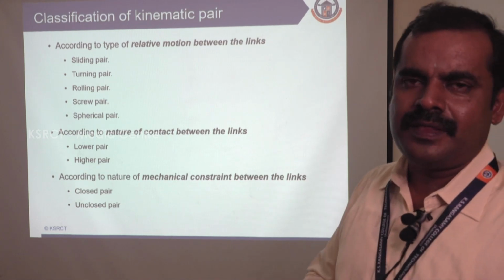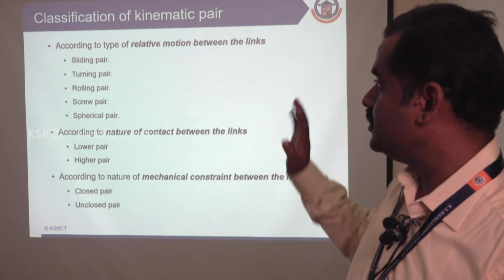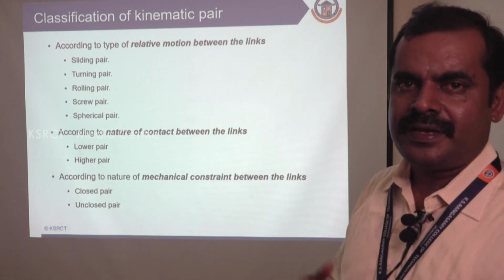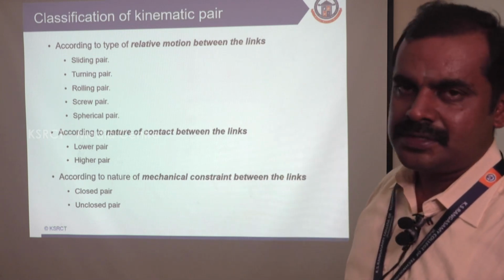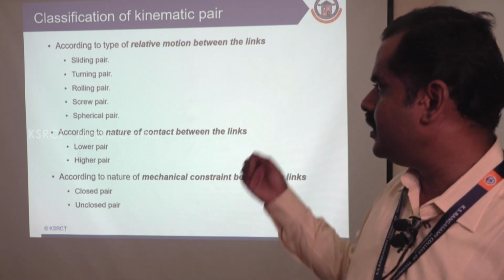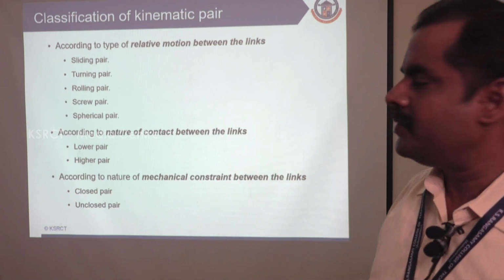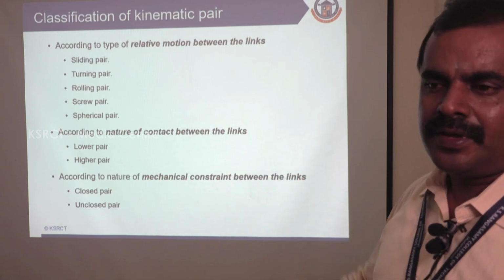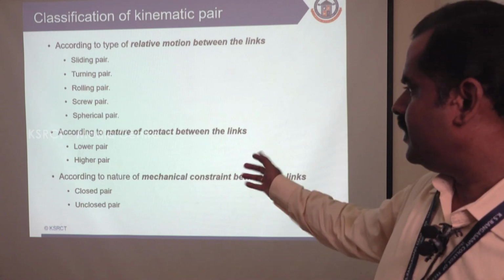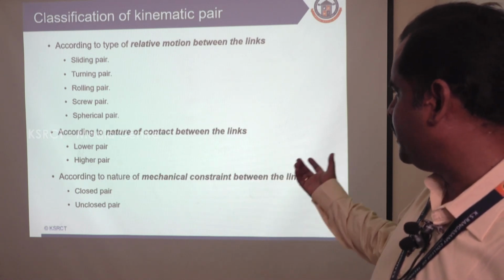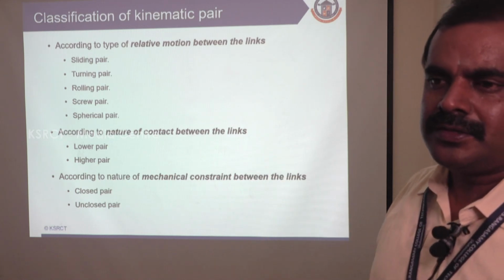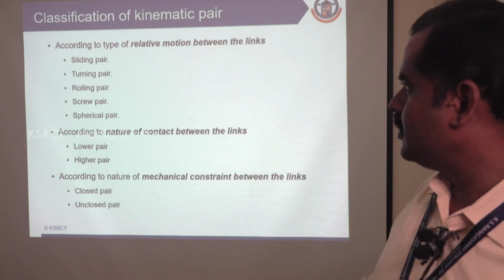So what will be the relative motion between the links? We have sliding motion, turning motion, rolling motion, screw pair and spherical pair. The next one, according to the nature of contact between the links, is lower pair and higher pair. The next one is according to the nature of mechanical constraint between the links: closed pair and unclosed pair.